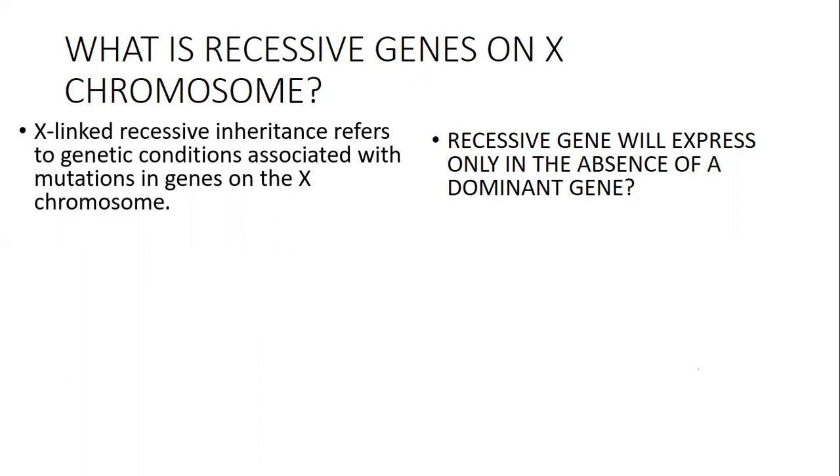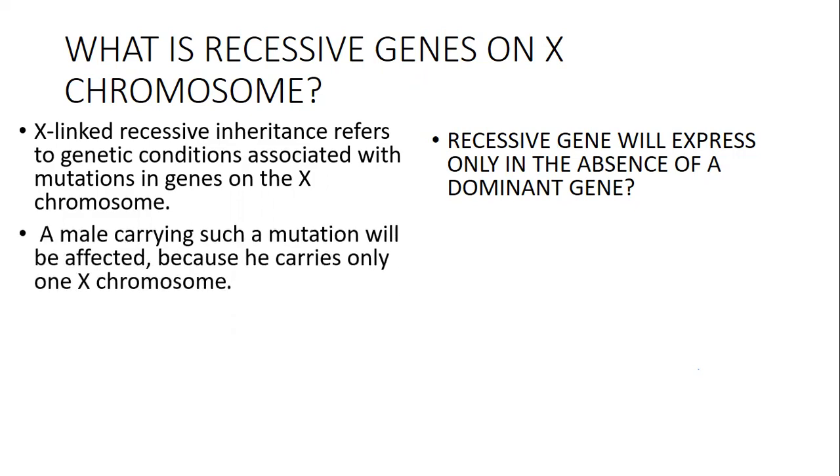A male carrying such a mutation will be affected because he carries only one X chromosome. Now it is recessive, and recessive will be masked if there is a dominant X chromosome. But in male, there is only one X chromosome.